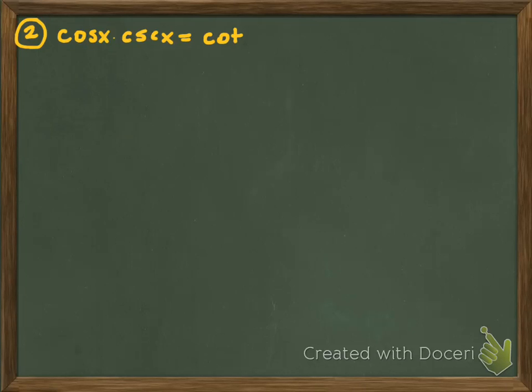Now, the general rule of thumb when you are proving a trig identity is to read what you're given and focus on the ugly side, because you want to look at the ugly side to see what sort of cleaning up you can do. Okay? All right.